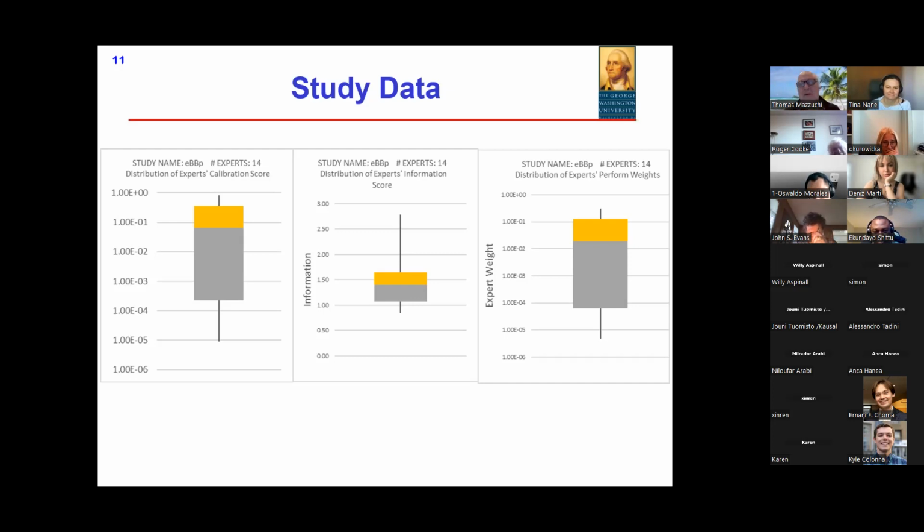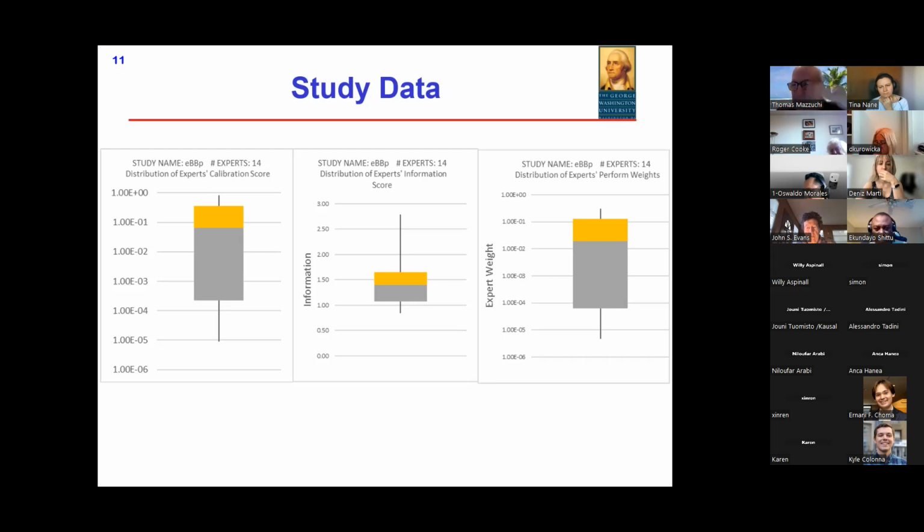Yeah. I should say what we did was we took the set of variables for which we had realizations, and then we sometimes had to trim, because we wanted to make sure we had a complete set of variables answered for the experts. So sometimes we had to drop an expert, sometimes a variable. I have all that documented, but I haven't put it in the program.